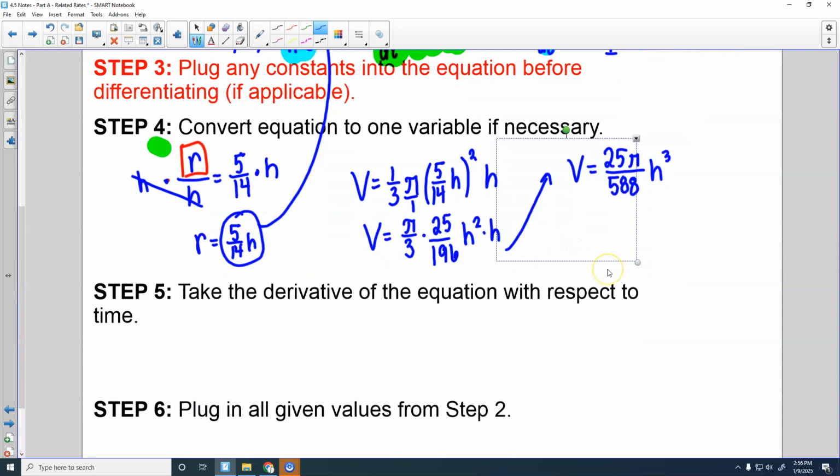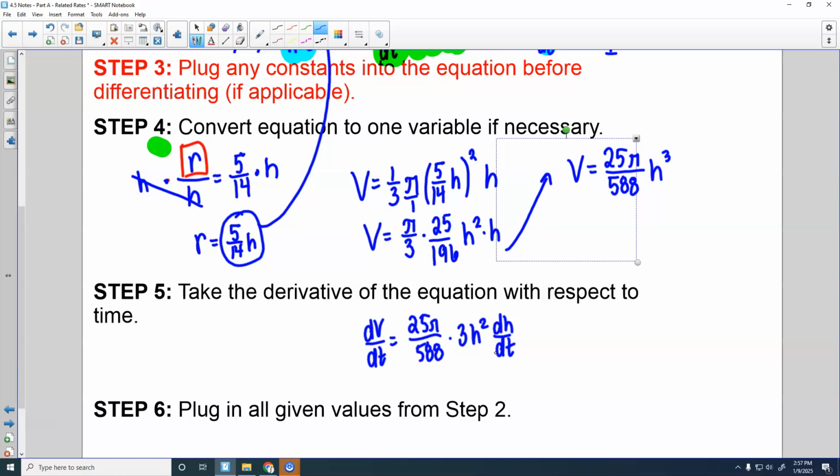So now that everything's one variable, we're going to take our derivative. So I got dV/dt equals 25 pi over 588, and then we're going to do 3h squared dh/dt. It's up to you whether you want to switch to decimals or stick with fractions here.